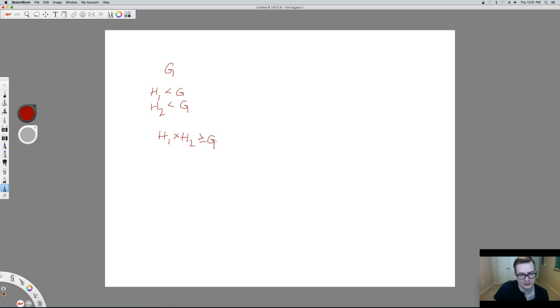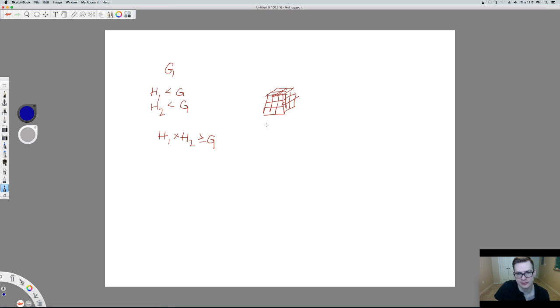So, for example, the Rubik's Cube is a good example. Let me draw a really horrible Rubik's Cube. The idea is that one kind of subgroup within this cube are the corners.